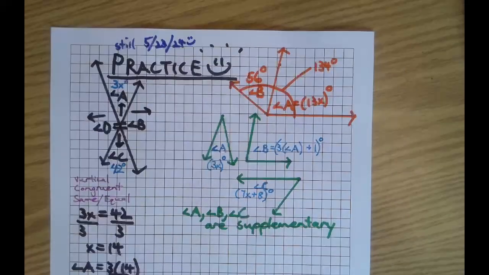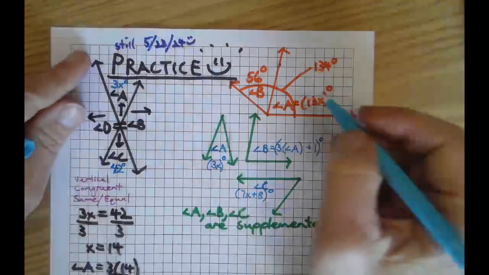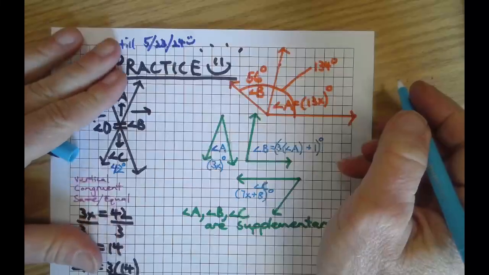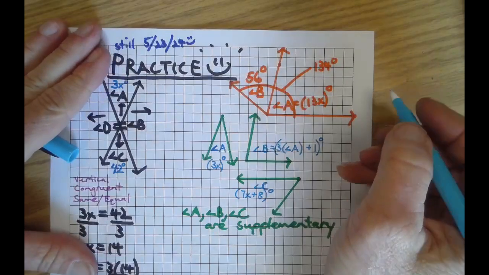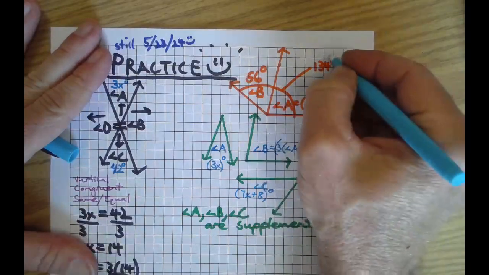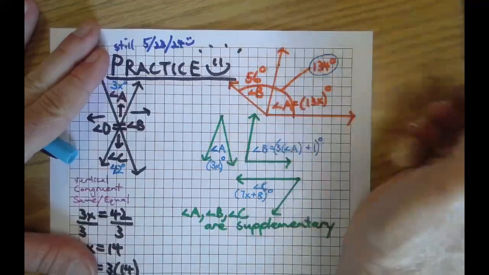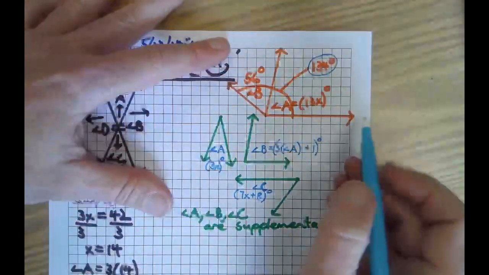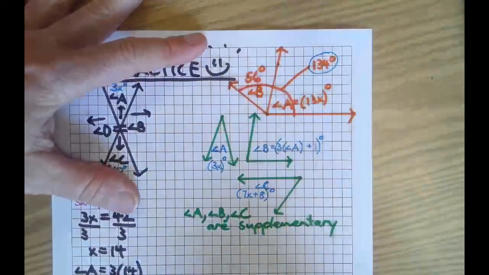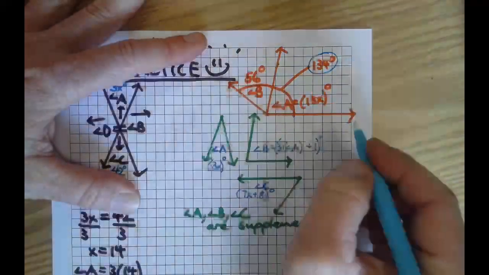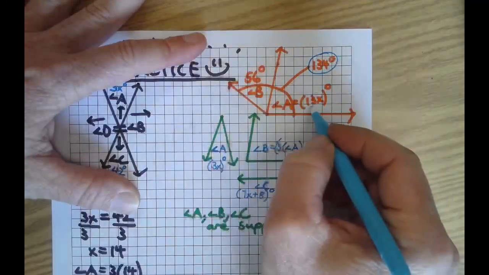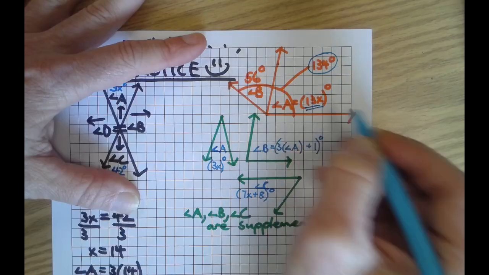Orange, next. These are not complementary or supplementary because they add up to 134. But the good news is they do add up to something. They add up to 134. In fact, angle A is 13x degrees.